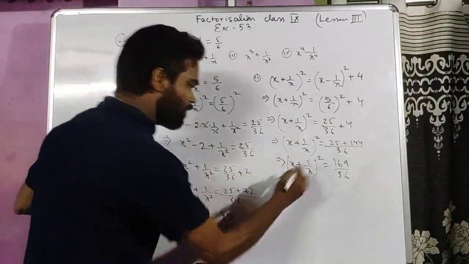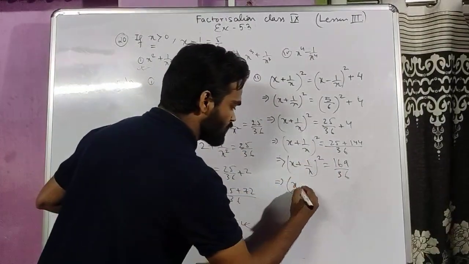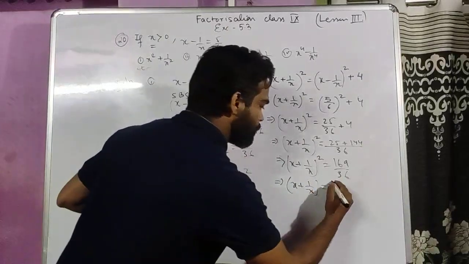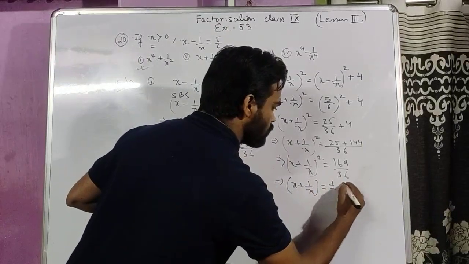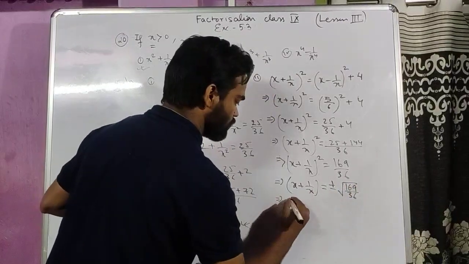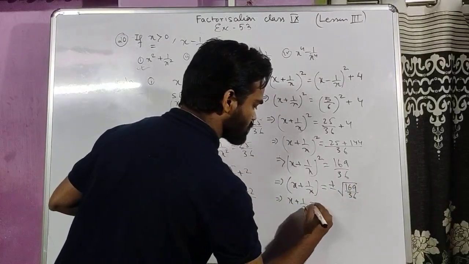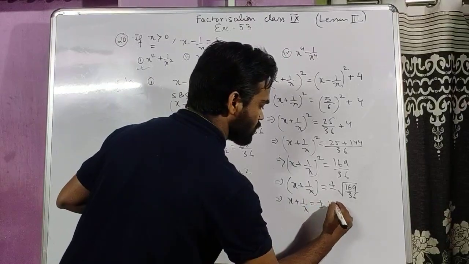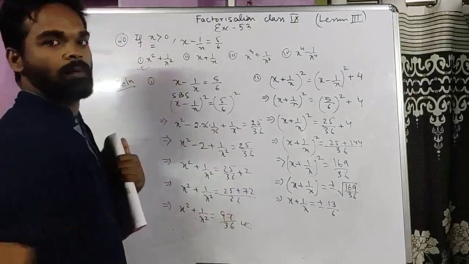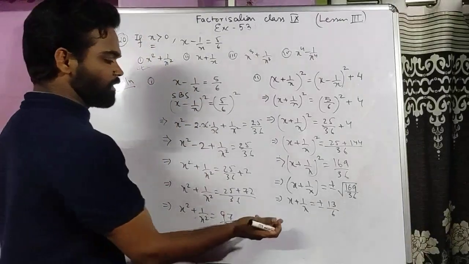Now we can write this as x plus 1 by x is equal to plus minus root 169 by 36, which is x plus 1 by x equals plus minus 13 by 6. Now this comes into play. Look carefully.